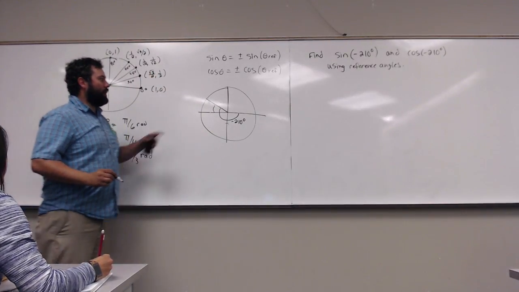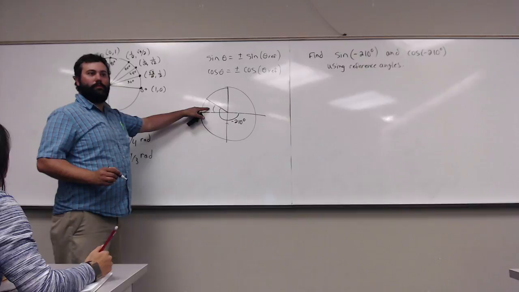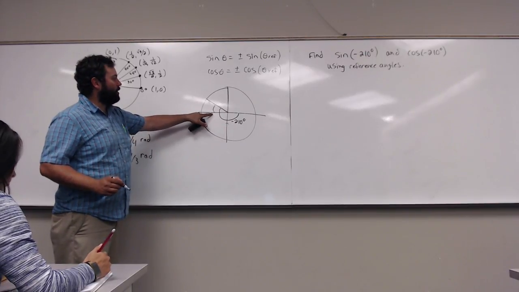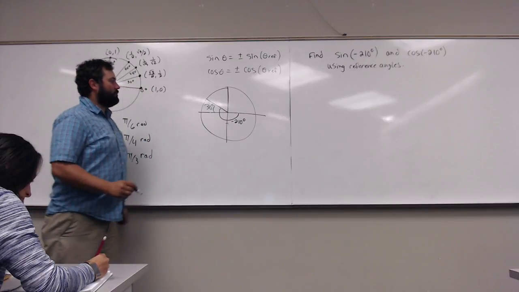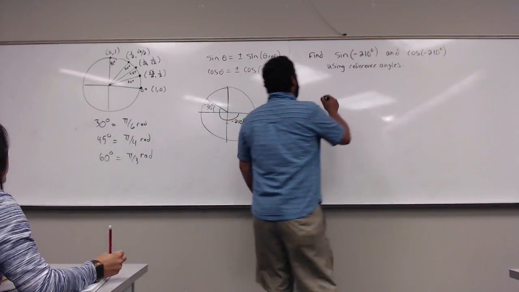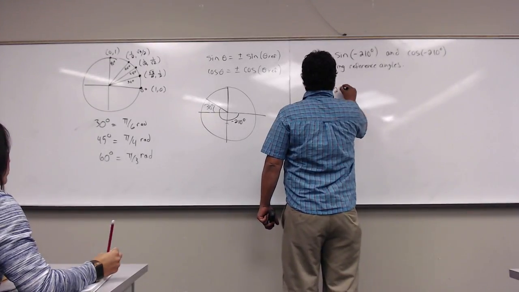And then what would be left over for this angle over here? If you go minus 180, you have to go an extra 30 degrees to get to the terminal side of the angle. So this is what I want to see with the notation.